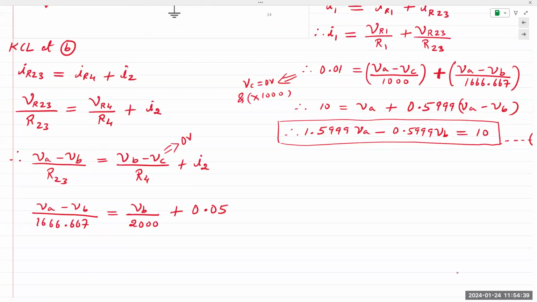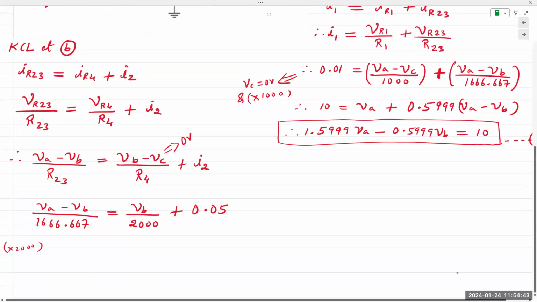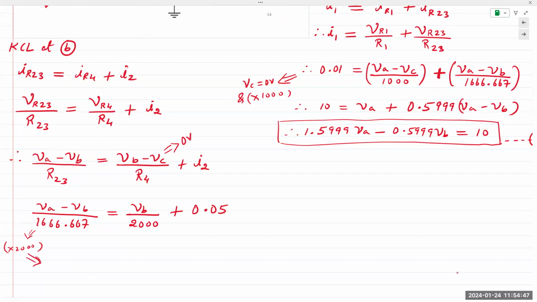Now I'm going to multiply everything by 2000. And that gives me, what does it give me? 1.1999. And again, students can simply round up to 1.2.